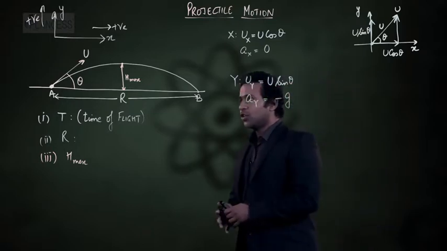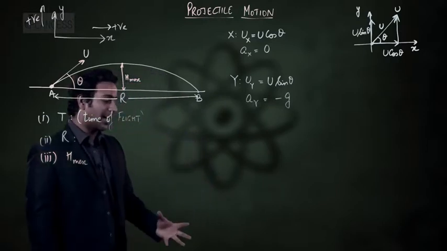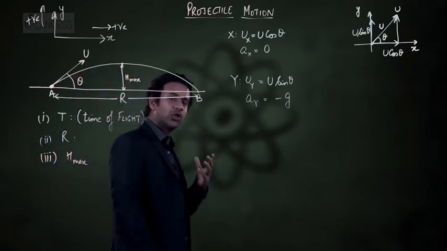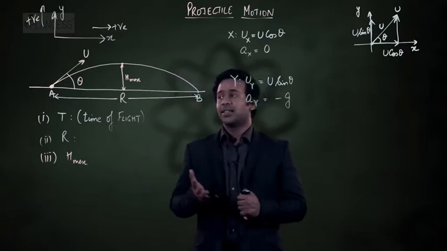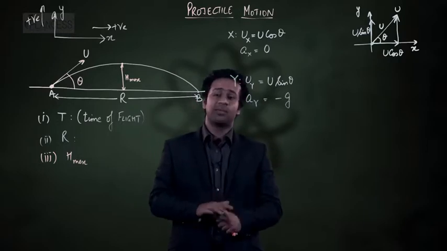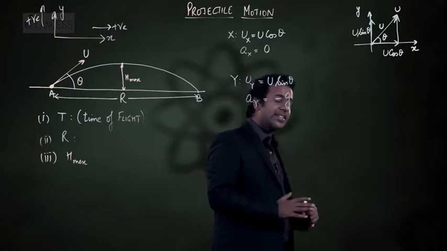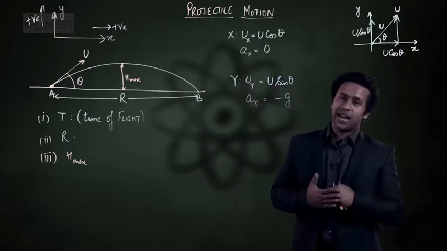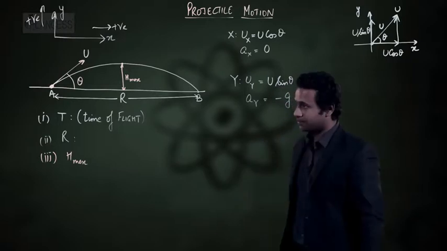Right. So let's first understand the entire situation again. We are given a particle which has been thrown at an angle with the horizontal. We see that this particle through its flight is only pulled downwards by gravity, and there is no other force acting. We are interested in finding its time of flight, its range, and the maximum height it attains.